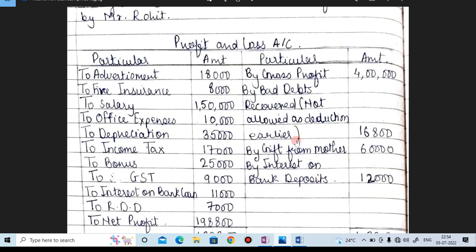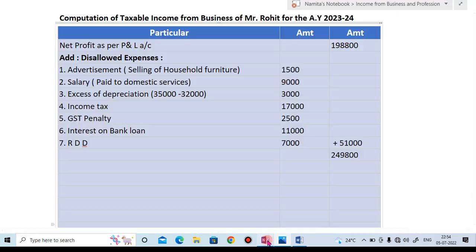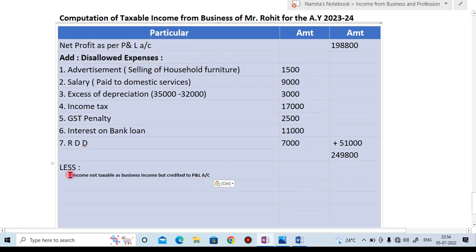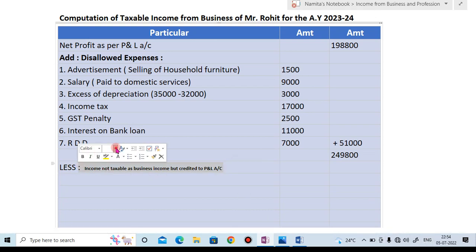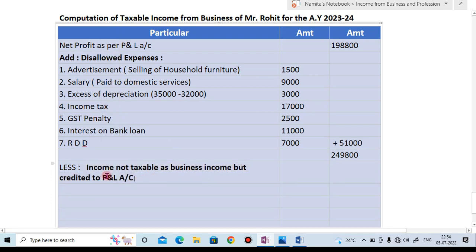Those incomes we have to deduct from the net profit and disallowed expenses. So less income not taxable as business income but credited to profit and loss account.